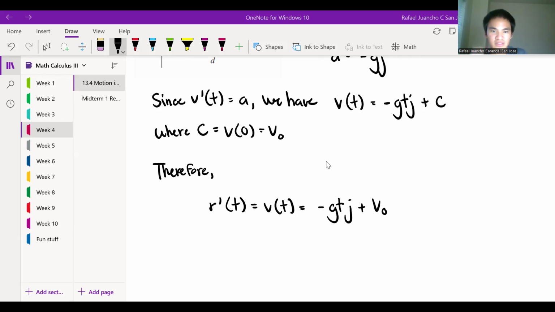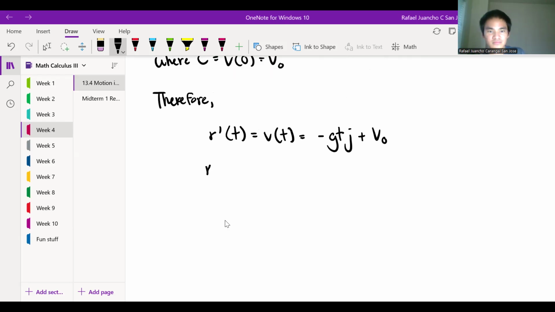And so we integrate that again. We should get negative 1/2 g t squared j plus t v naught. So v naught here is a constant, right? So we multiply it with a t. And then plus another constant, which we'll just call d.